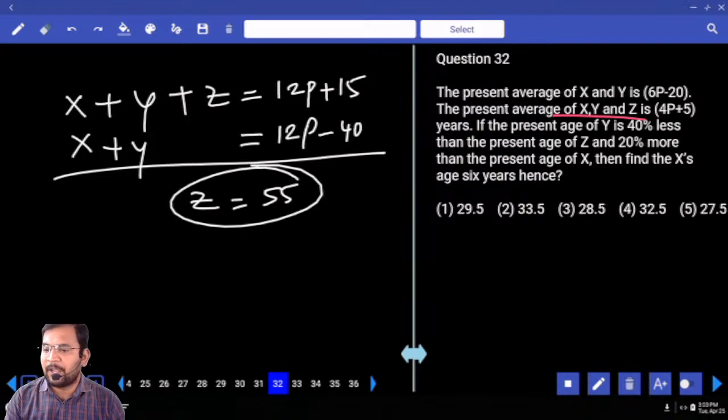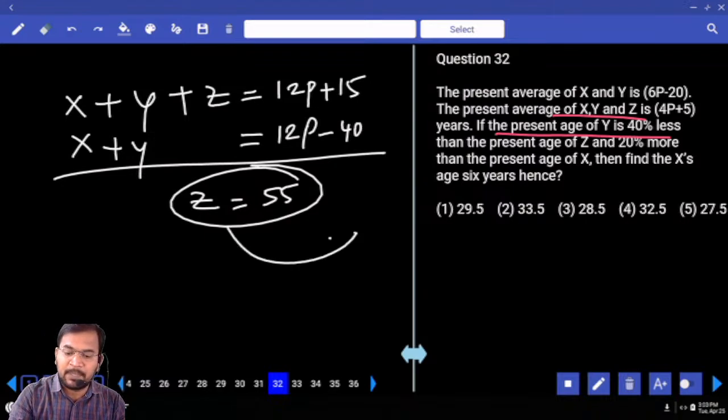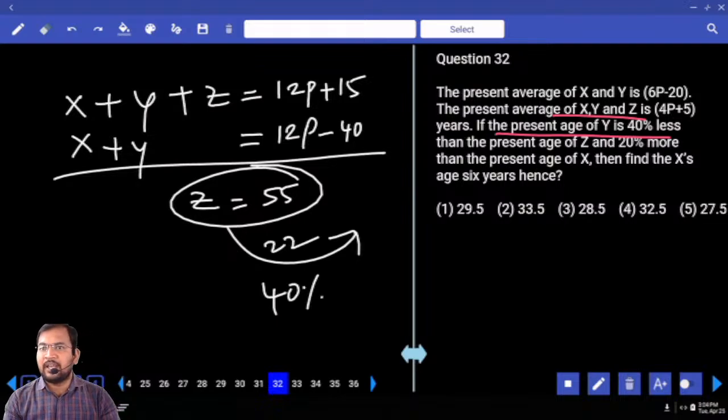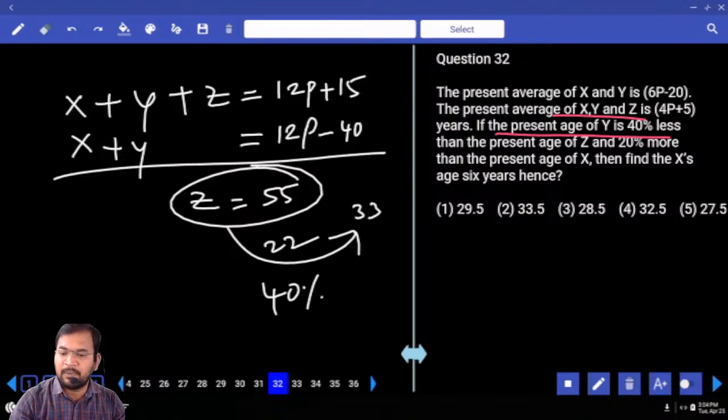If z is 55, see here, the present age of y is 40% less than the present age of z. 40% is nothing but 22. 10% is 5.5, 40% is 22. The remaining is 33. Now y's age is 33.